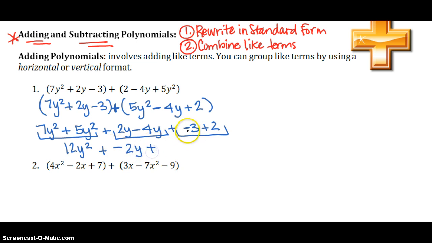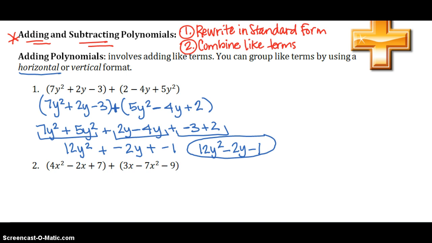And plus negative 3 plus 2 is negative 1. So it's nice to rewrite that as 12y squared minus 2y minus 1. Since we are in Algebra 1, we know that plus a negative is negative. So that would be your final answer. That's how you would work it out horizontally.